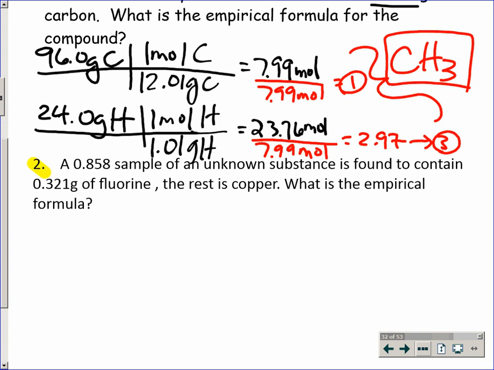If you feel good, check yourself, and then move on to number 2, which is on the board still.